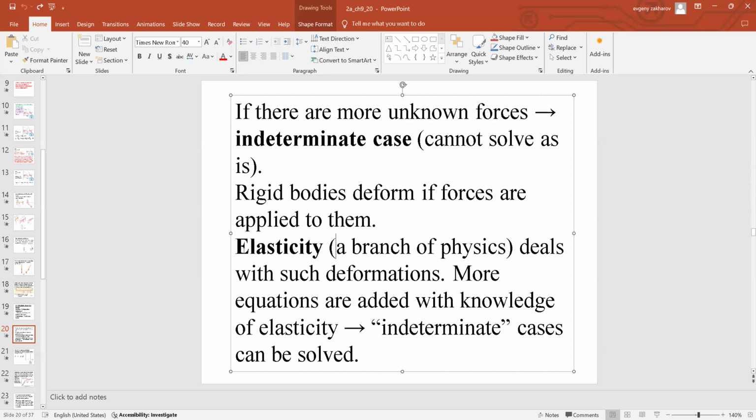Then you go to elasticity, which is a separate branch in physics, and you will see through those tables how much of a deformation you expect from that system if certain materials are used. So you can solve those indeterminate cases with an extra equation that comes from elasticity. That's the big idea.